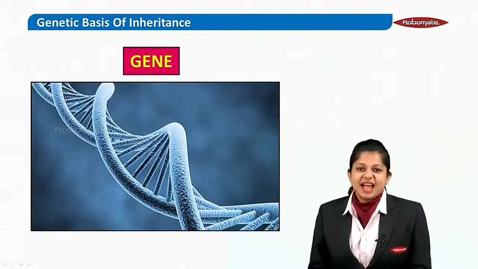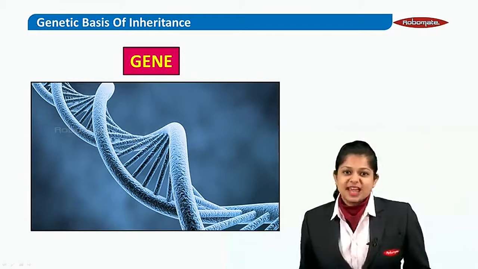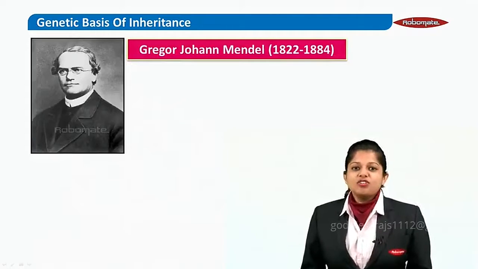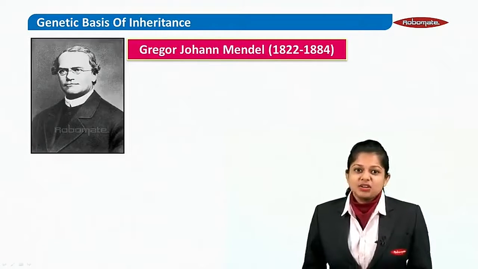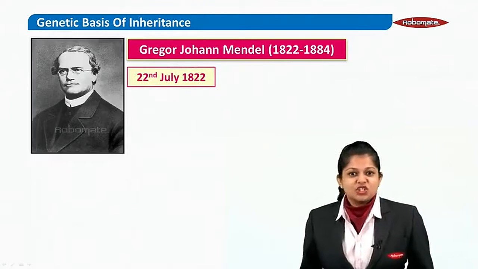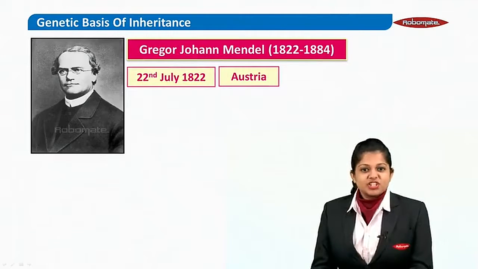So before we start studying Mendel's experiments, let us first have a look at his biography. Gregor Johann Mendel was born on 22nd July in the year 1822. He was born in a village in Austria.